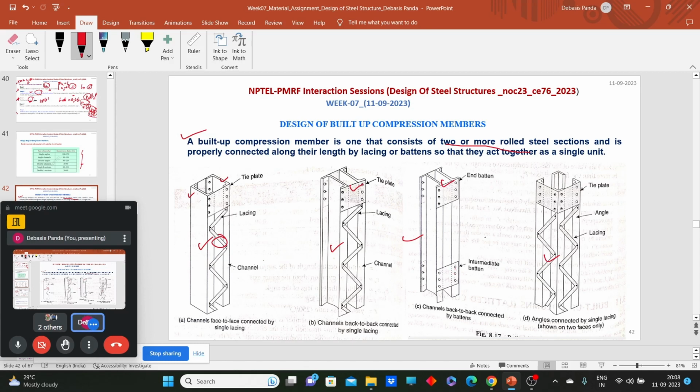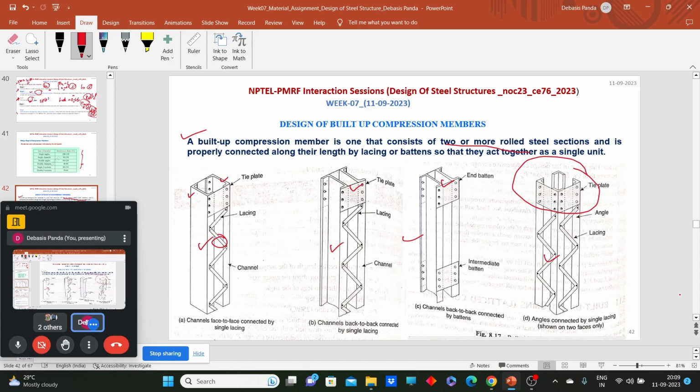So lacing, batten, this connection system, and here you can see that four angle sections are used and they are connected using lacing systems. We will discuss in detail in the next class how we can design that lacing and batten system, and how these are affected by different parameters.